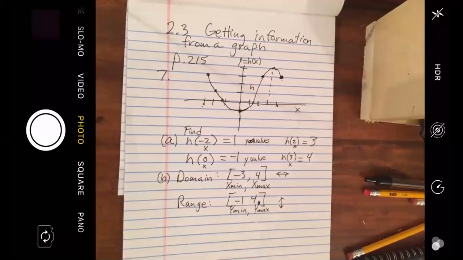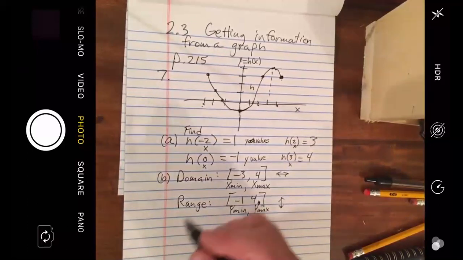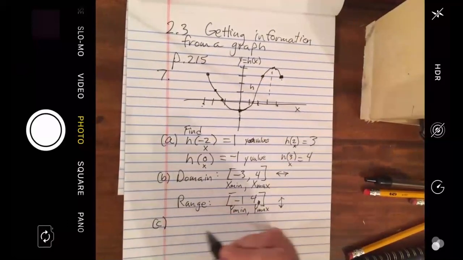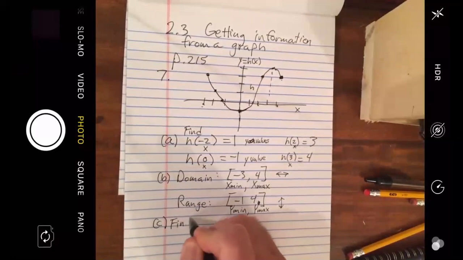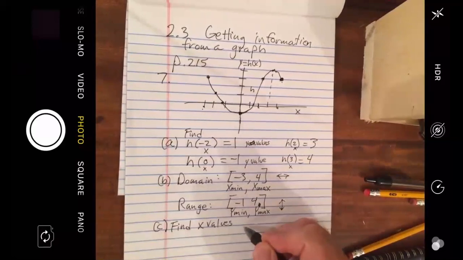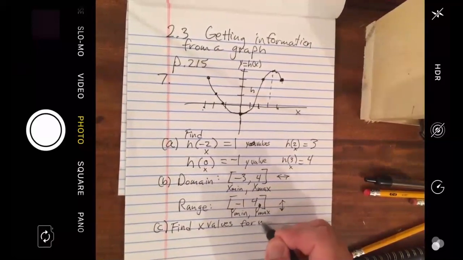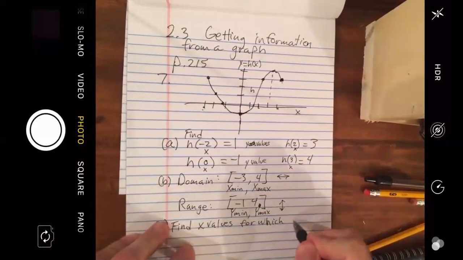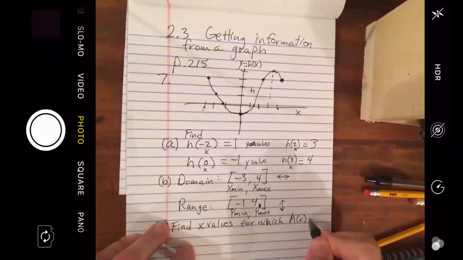Okay. The last 3 parts get a little more technical, and read kind of like gibberish. Let's try C first, then D works off of C. They want you to find x values for which h of x equals 3.